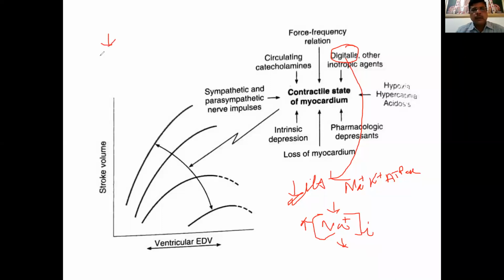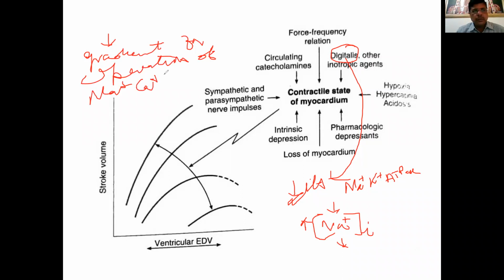Then you write here: gradient for operation of the sodium calcium exchanger is decreased. Calcium is not sent out.